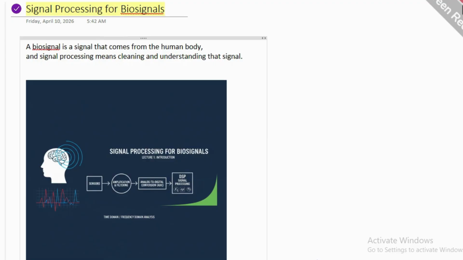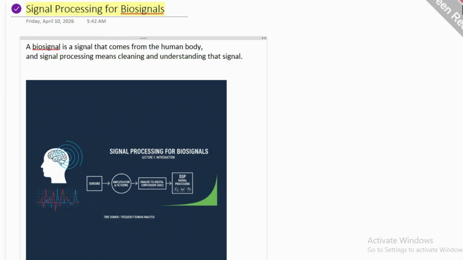Signal processing for biosignals. A biosignal is a signal that comes from the human body, and signal processing means cleaning and understanding the signal. Now let's understand this with a very simple example. Imagine your body is always active. Your heart is beating, your brain is thinking, your muscles are moving. All of these activities create tiny electrical signals.